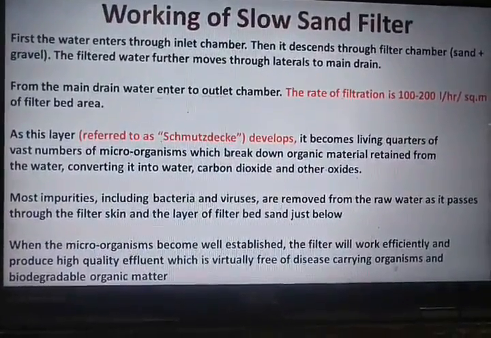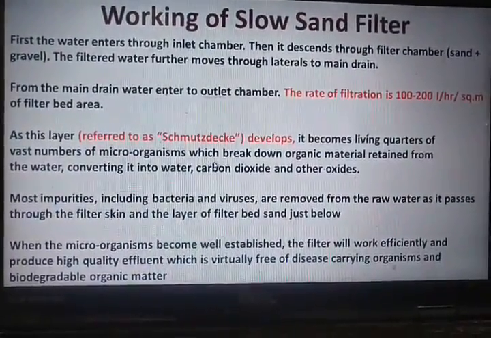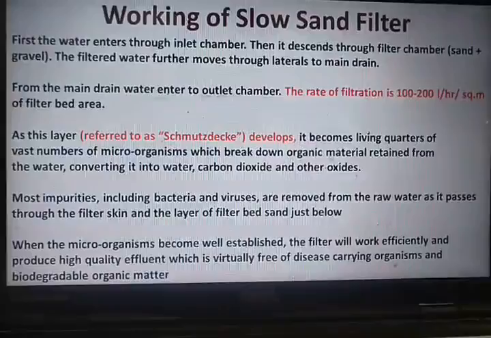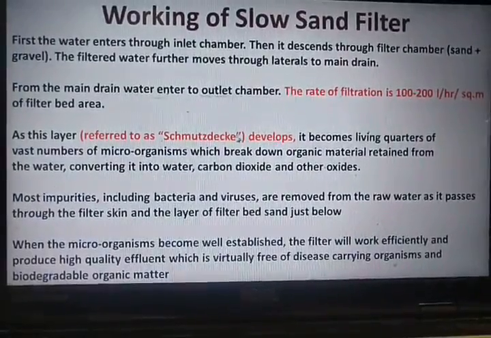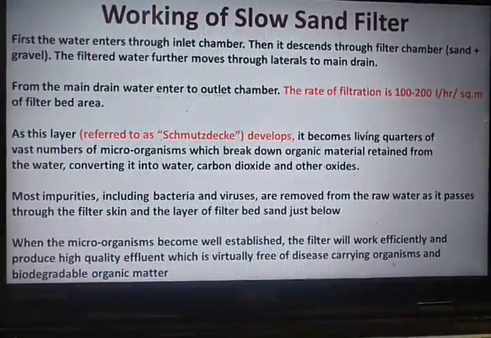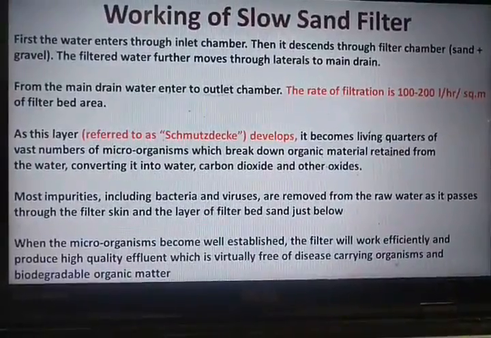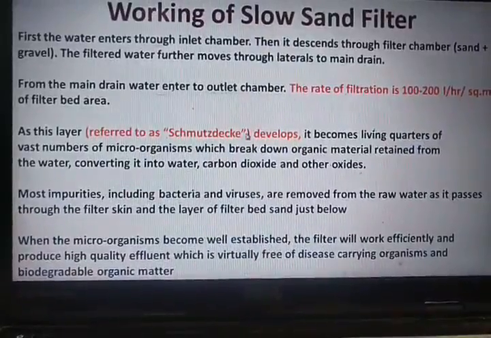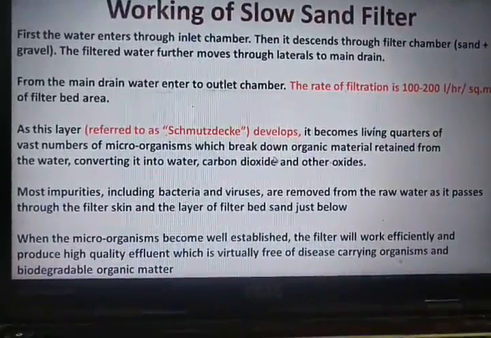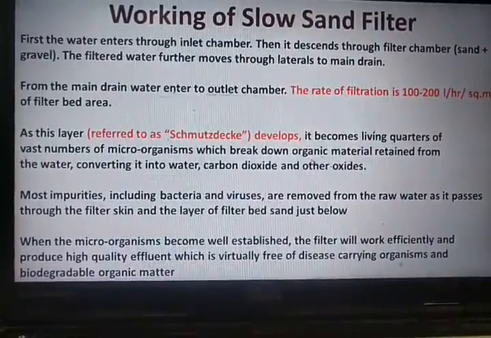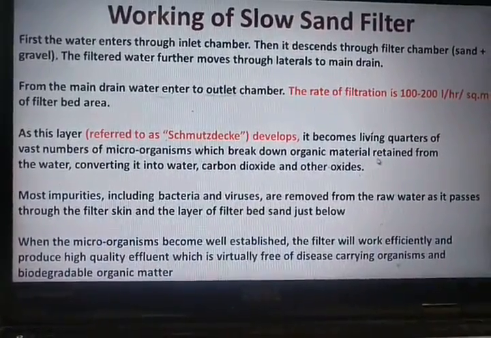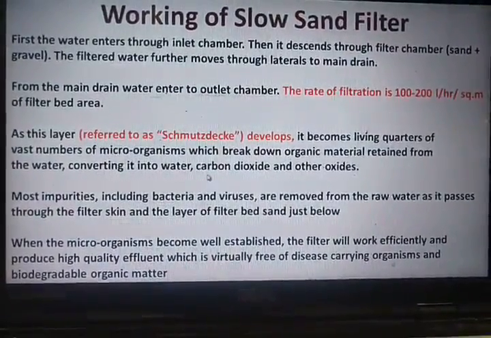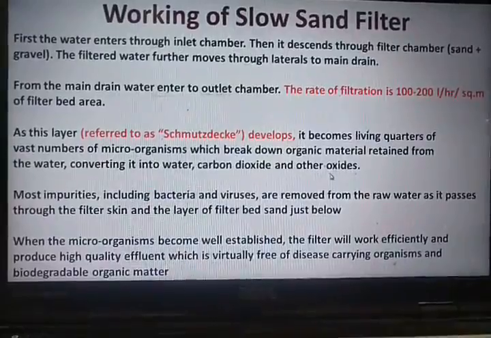Like I was telling in the earlier slides, there will be formation of a dirty layer on the layer of sand, that is usually called Schmutzdecke. It develops on the layer of the sand and becomes the living area for many microorganisms, and those microorganisms break down the organic matter present in the water, converting it to water, simple carbon dioxide and other simple compounds.